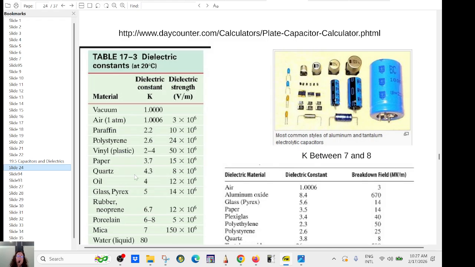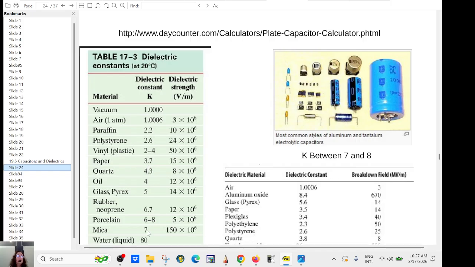Okay, so for example, dielectric constant, that will be the variable k, the number k. You see, if you have air, that will be 1. If you have paper, that used to be what they had in capacitors, you boost the capacitance by 3.7. So you multiply by a factor of 3.7.